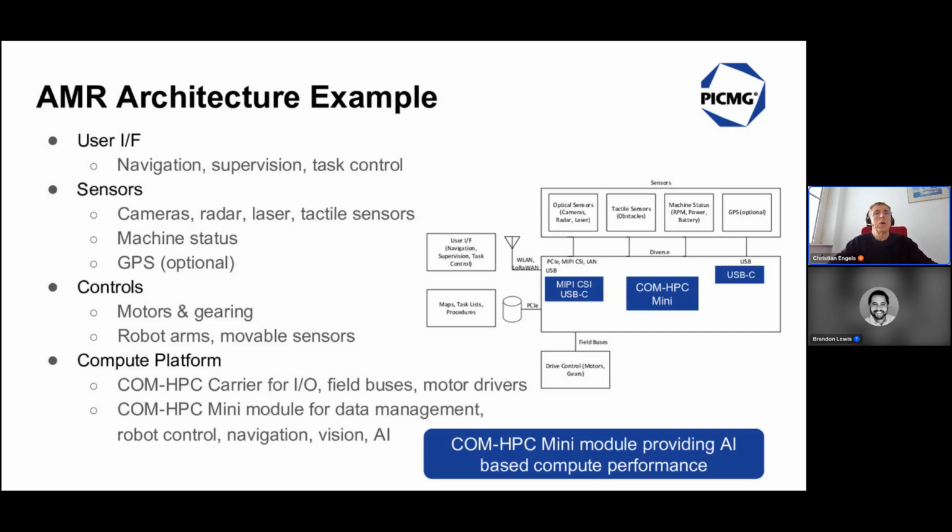So we have a carrier which provides all the necessary interfaces to the sensors, the antennas and storage, and probably fieldbuses going to the various motor drives and such. And the nice thing about COM-HPC Mini here is it is sufficient from its physical perspective and provides a decent amount of compute performance and AI capabilities for such a task.